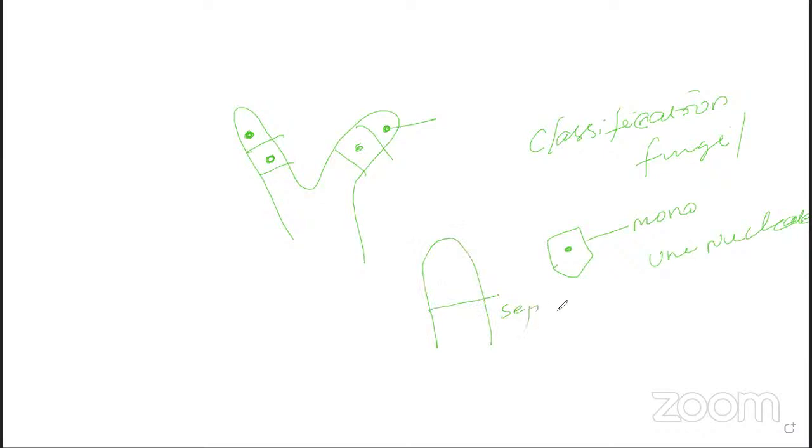When you study the classification of fungi or algae, you can see this type of structure. Here the fungal part is considered uninucleated, where only one nucleus is present. In some categories, a cross wall is also there. This is called septate, and this one is aseptate.